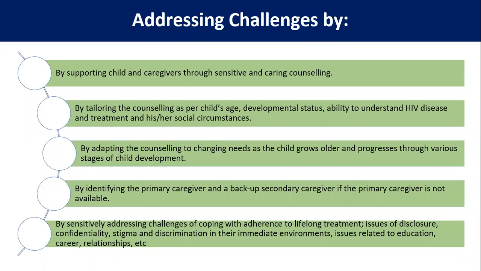So we have to always identify a backup caregiver for the child. And by sensitively addressing the challenges of coping, adherence to lifelong treatment, and the issues of disclosure, confidentiality, stigma, and discrimination, because we have seen stigma and discrimination is always there at one point or another that they are facing. So that has to be also addressed. Next.